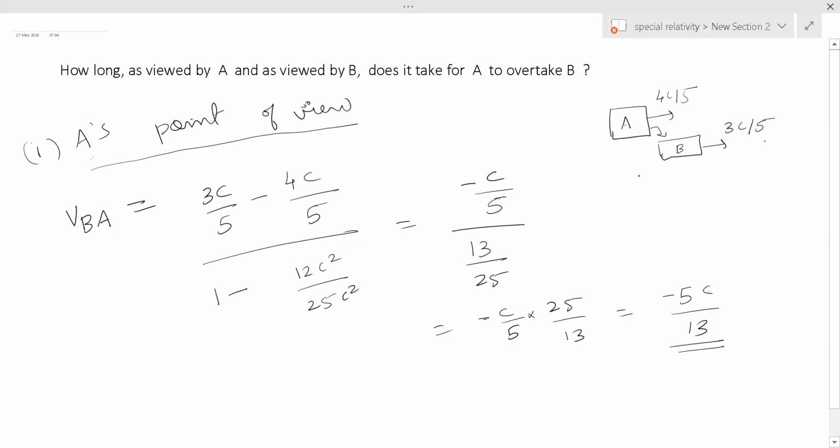He would see that B is traveling in the opposite direction, because A is actually traveling faster than B. So in the viewpoint of A, he will see that B is just traveling in the opposite direction with the speed 5c by 13. Is that correct? It's just like if you are driving and you are overtaking this.